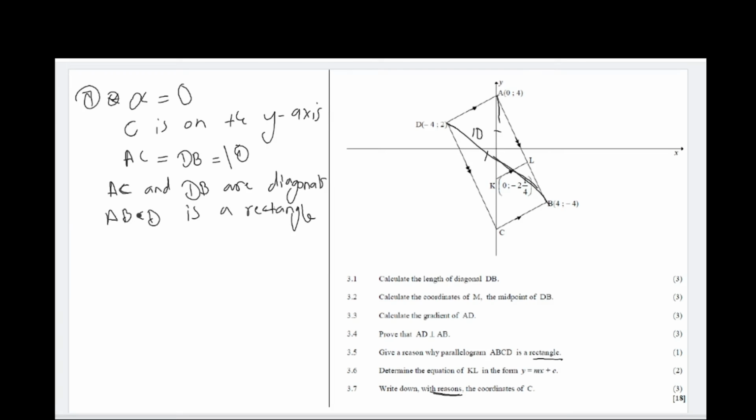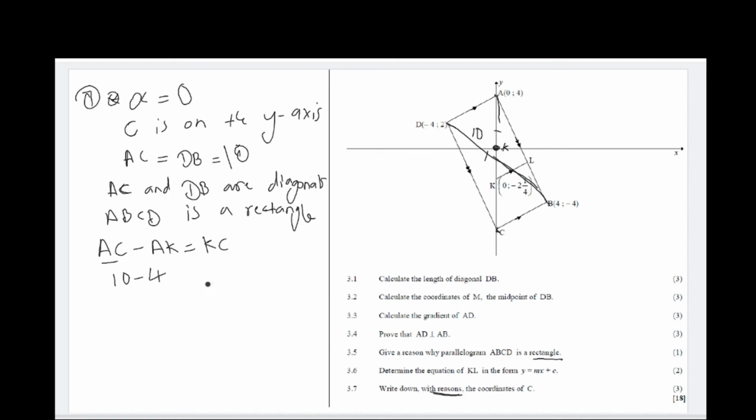I'll call this point K, just to make calculations easier. AC is 10, and then AK is 4.